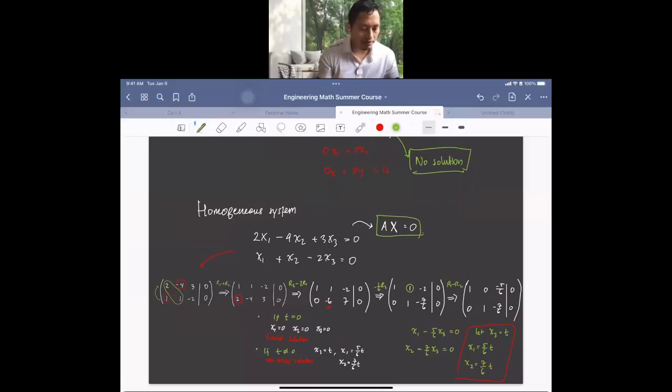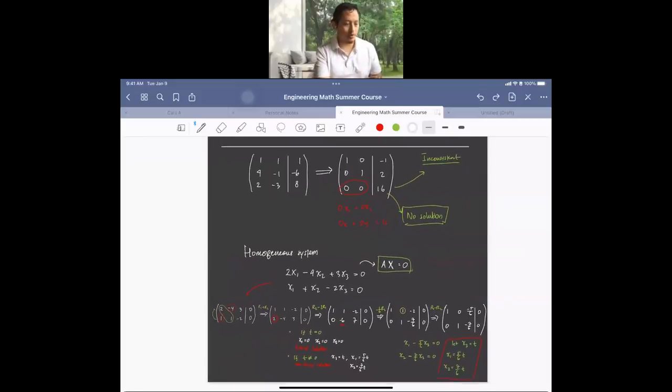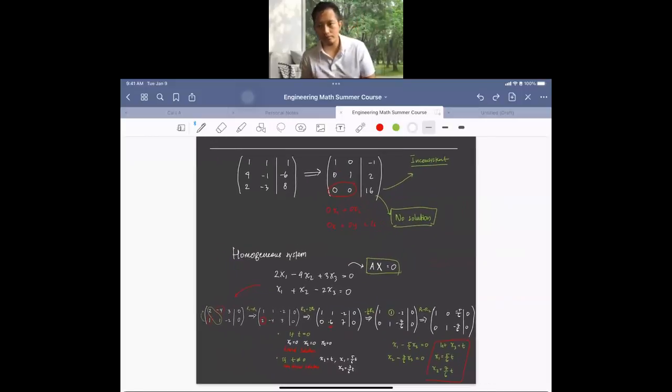Now I will write something about the properties of this system. Maybe let me just give you time to write, if you want to write this.